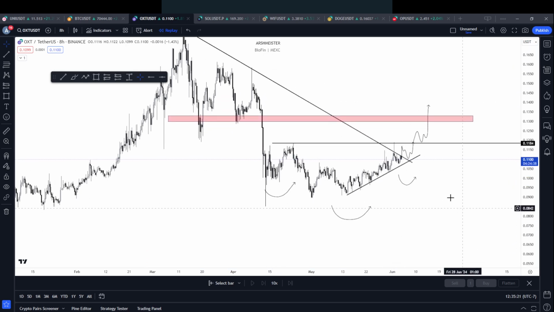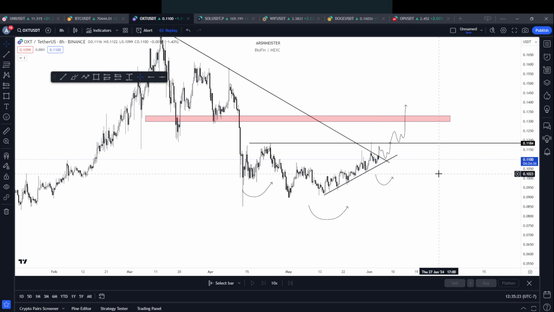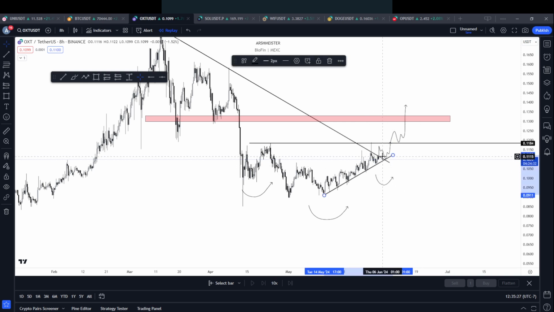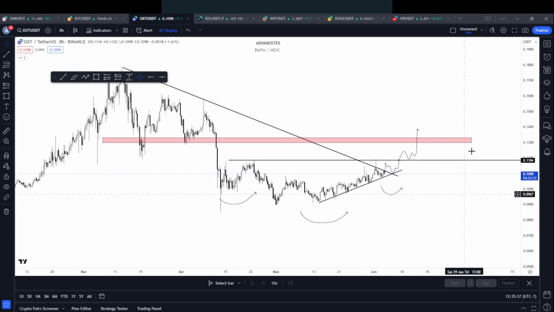But again, wait. You have to wait for confirmation because we're at resistance here, downtrend resistance, but trend is still holding. You want to break out and retest. OXT, not something I would touch.